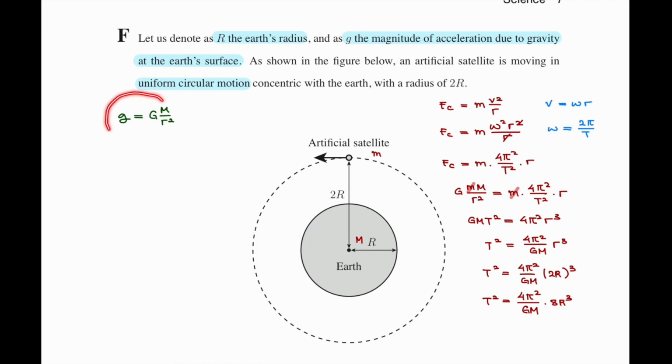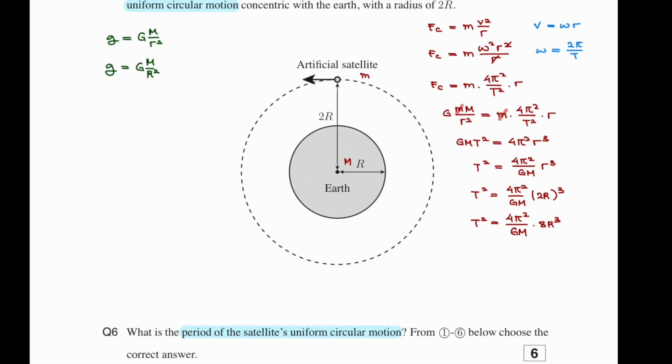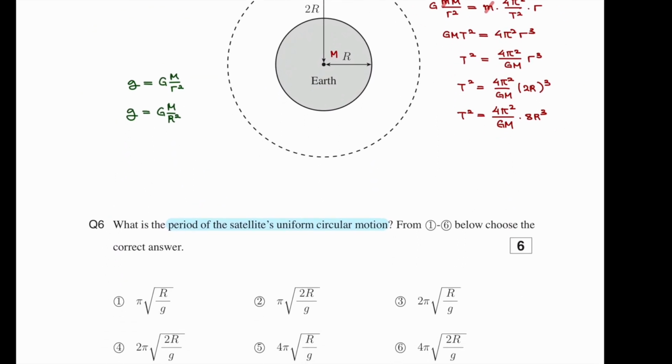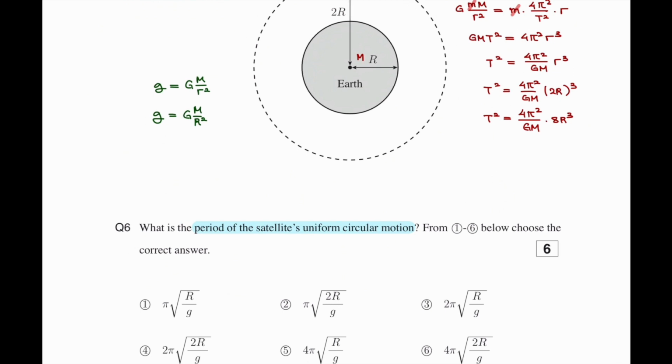So in this equation, R represents the distance from the center of the Earth to the Earth's surface. So g equals G M over R squared, so G M over R squared can be substituted by using small g.